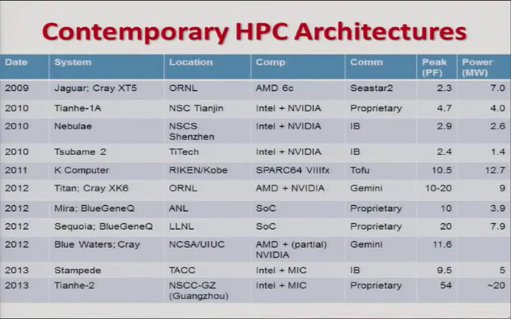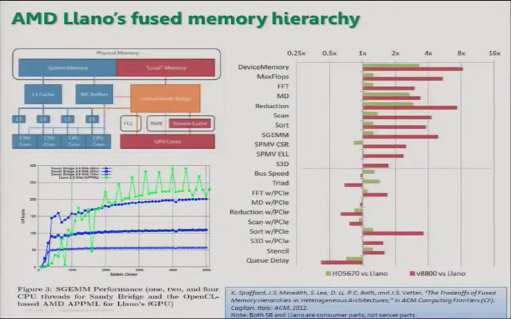So one point I want to make about the fusing of these architectures is that this is just an example of the complexity of architectures that we're starting to see. When you have something like Ivy Bridge or this AMD Llano chip, instead of having two discrete devices, your node CPU and memory and your GPU and memory, and having to cross the PCI Express bus to transfer data and control the GPU, it's all in one socket, one package.